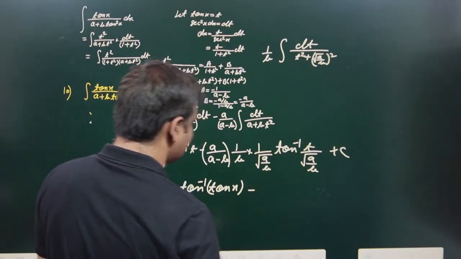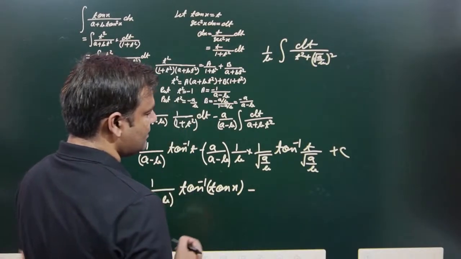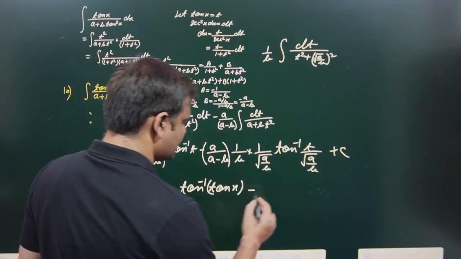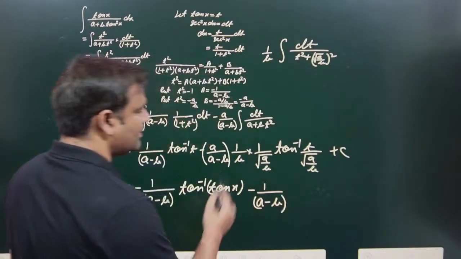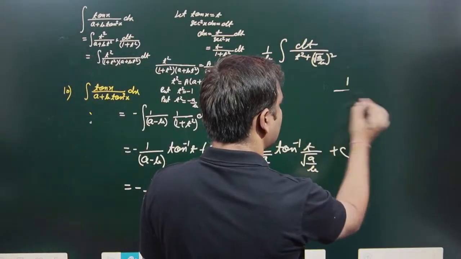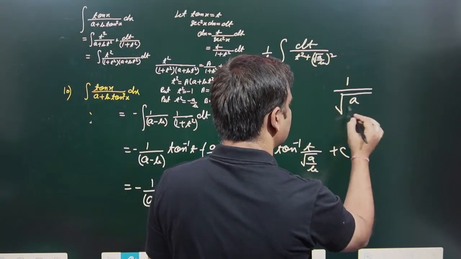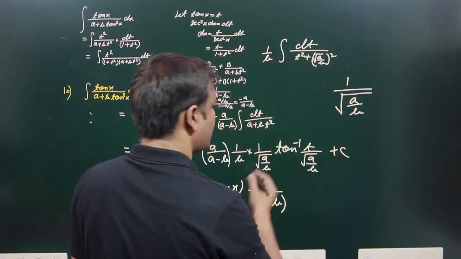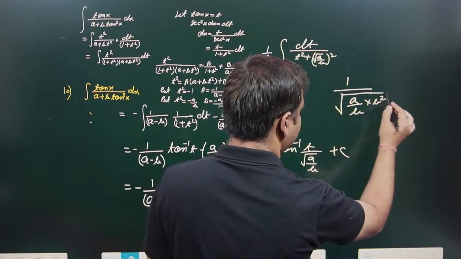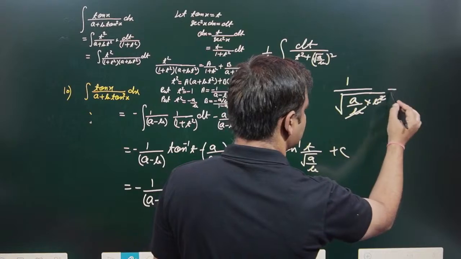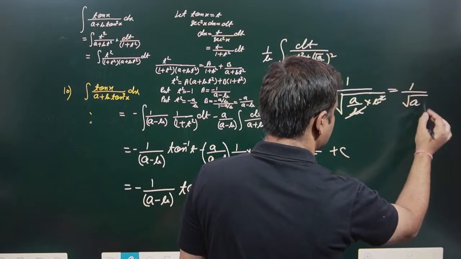Minus, how can we solve? Here a minus b, look, 1 upon root a by b, and here b square, so one b cancels, so you can say under root a into b.